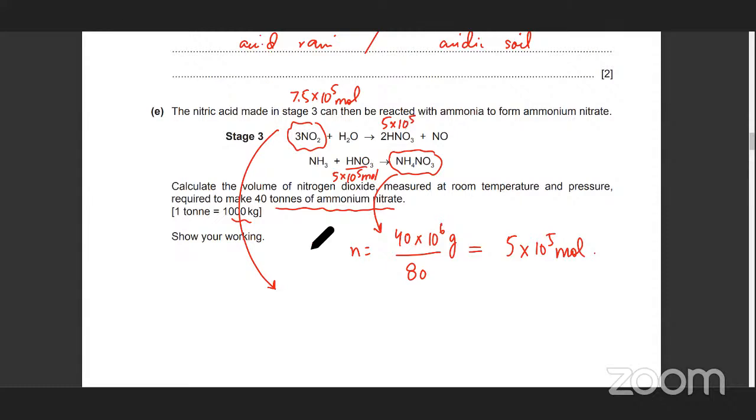तो अब आखिरी पार्ट क्या करना है, calculate क्या करना था, volume of nitrogen dioxide. How do you produce, and is it at room temperature, ये ख्याल रखना, ठीक है? AS में always remember कि वो is he talking about room temperature या is he not talking about room temperature, वरना फिर वो PV = nRT आ जाता है बीच में. So since it's room temperature, the volume is moles 7.5 times 10⁵ multiplied by 24 dm cube.